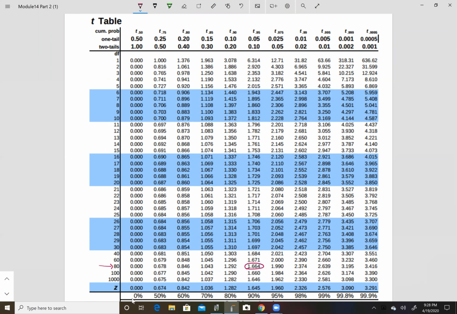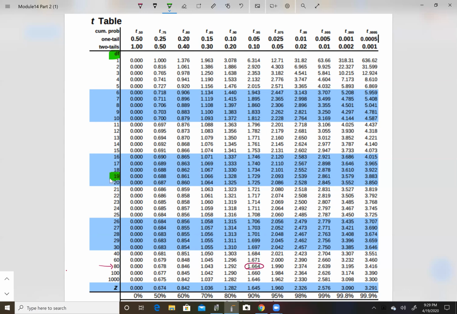Our degree of freedom is in this column, so we're looking for 19, here in this blue piece.